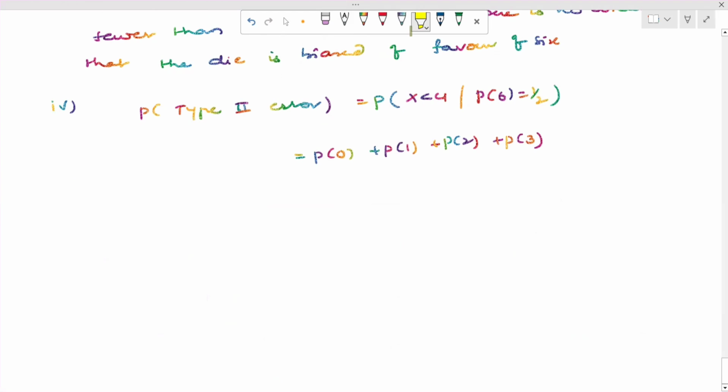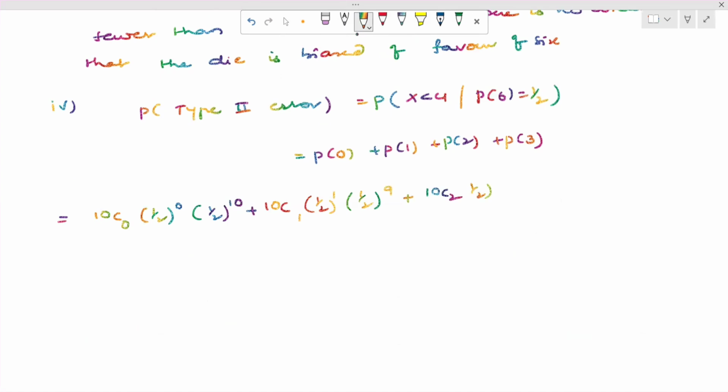So I'm writing over here 10C0 (1/2)^0 (1/2)^10 plus 10C1 (1/2)^1 (1/2)^9 plus 10C2 (1/2)^2 (1/2)^8 plus 10C3 (1/2)^3 (1/2)^7.